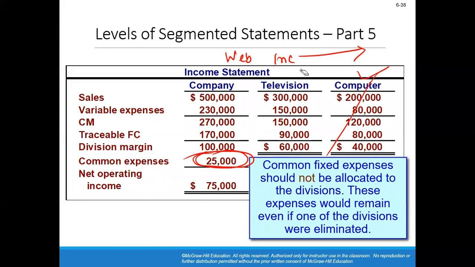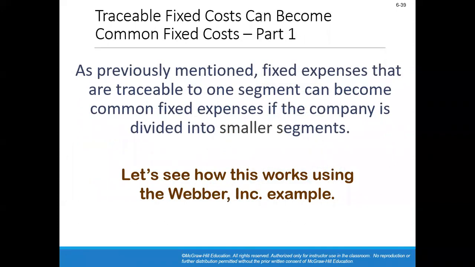Now, in the next part, we would like to make a further segmentation of the television segment. What we mentioned earlier in the very beginning is that a traceable fixed cost for the television segment can become a common fixed cost if we make a further segmentation of the television segment.